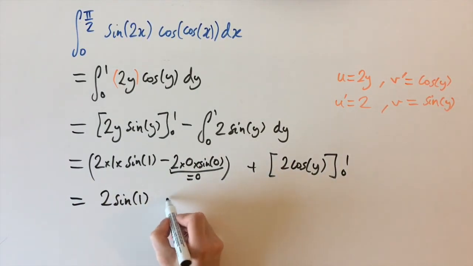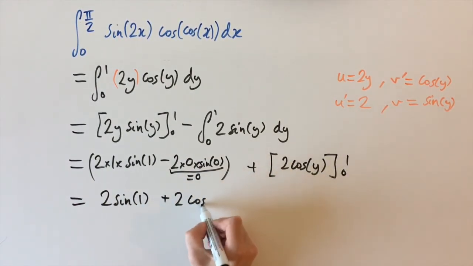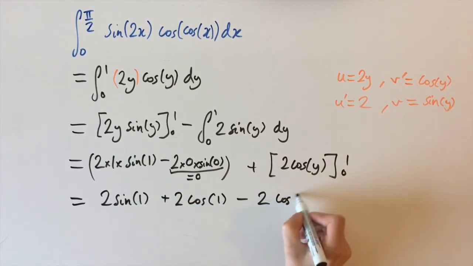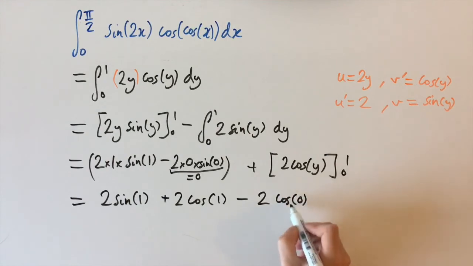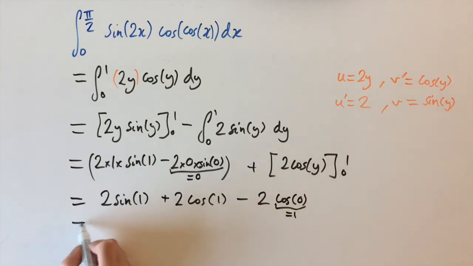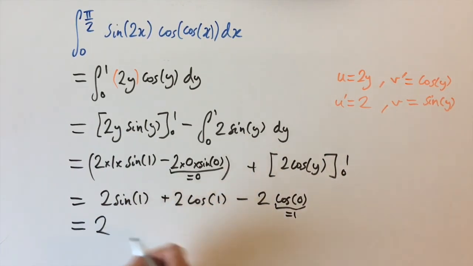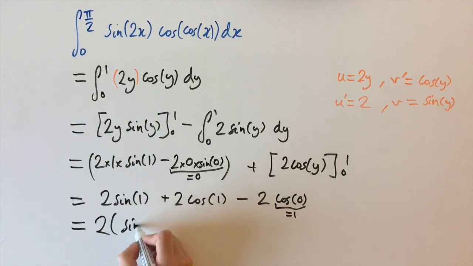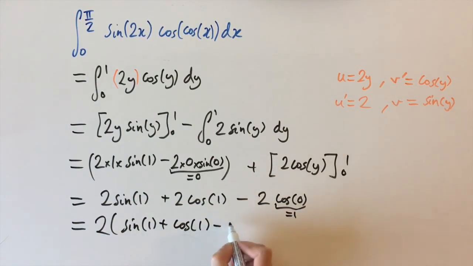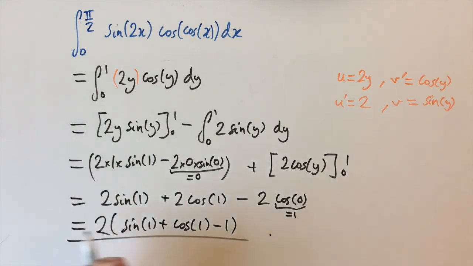And then this evaluates as 2 cosine of 1 minus 2 cosine of 0. And remember, cosine of 0 is just equal to 1. So this is 2. And we can do a little bit more simplification. This whole thing, our answer is going to be 2 times sine of 1 plus cosine of 1 minus 1. So this is the solution to our integral.